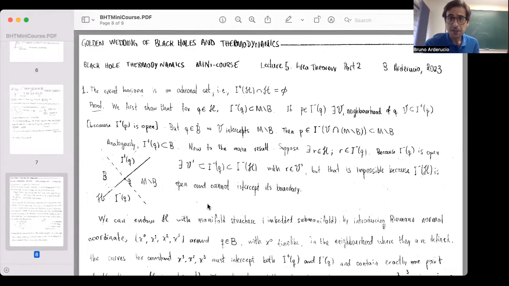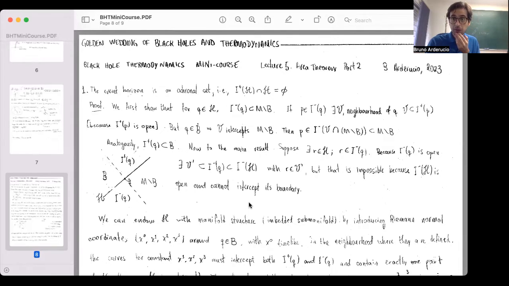But R is in that neighborhood. But I minus of H is open, and by definition, it cannot intercept its boundary. That's because every point in the topological boundary of a set has to have a neighborhood that straddles the interior and the exterior of that set. So that contradiction proves that the horizon is achronal.